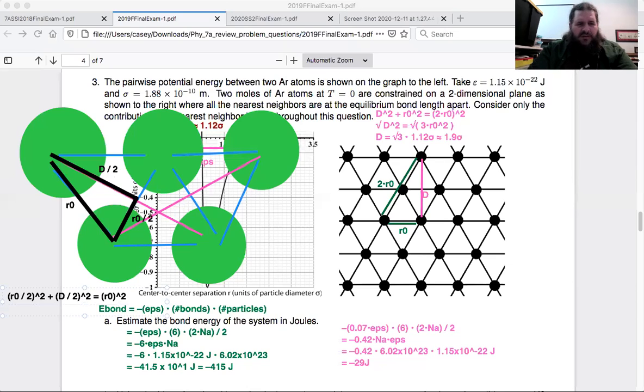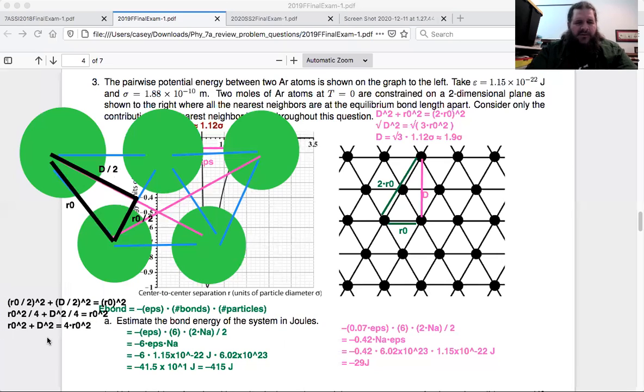And you square R naught over 2, you get R naught squared over 4 plus d squared over 4 equals R naught squared. This will probably be easier to work with if we multiply both sides by 4 before our next step, just to clear those denominators. So we multiply by 4, we get R naught squared plus d squared equals 4 times R naught squared.